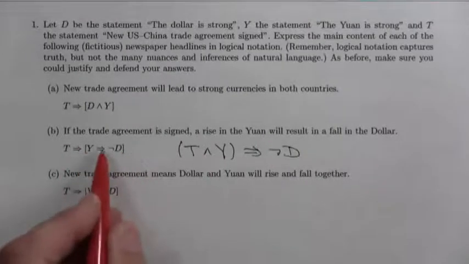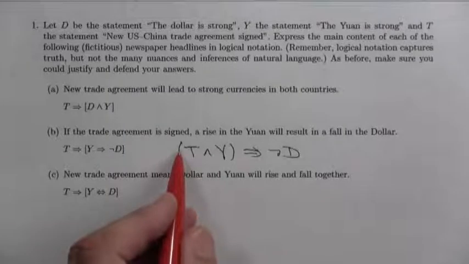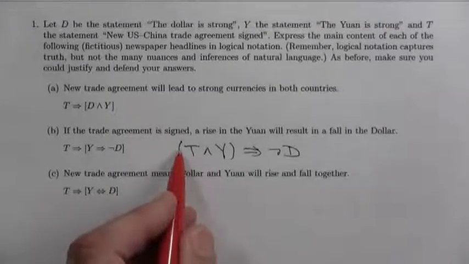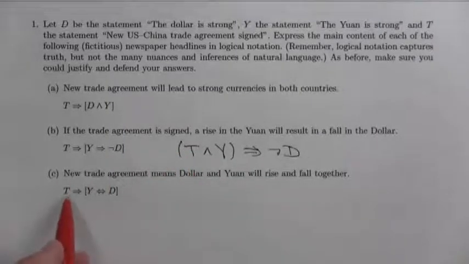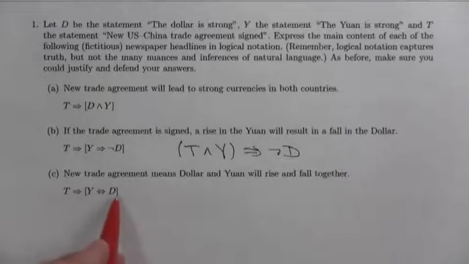If you work out truth tables, you'll find that the truth table for that is the same as the truth table for that. And for the last one, if there's a new trade agreement, then it follows that these two things are linked. One rises if and only if the other one rises.